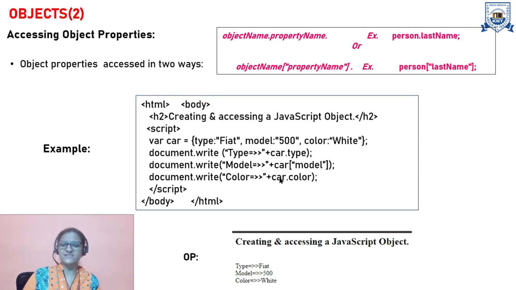And the normal way is the name of the object and the dot operator, which is followed by the property. So these are the ways to access the property of any object. This is the output. When we display, it will give the result: type is Fiat, model is 500, color is white. The same we have stored over here.